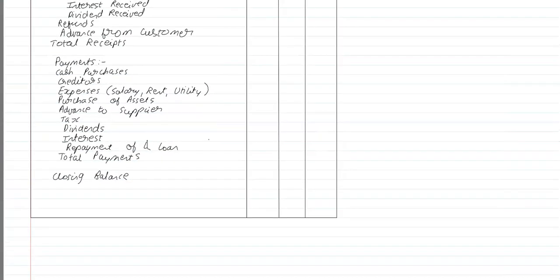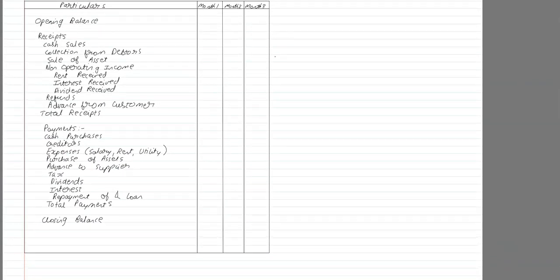Now, if you look at the entire format of a cash budget, we have an opening balance, which we can label as A, we can have total receipts labeled as B, total payments labeled as C, and a closing balance, which is A plus B minus C. Your opening balance plus the money you receive minus the money that you pay is the money that you have left at the end.